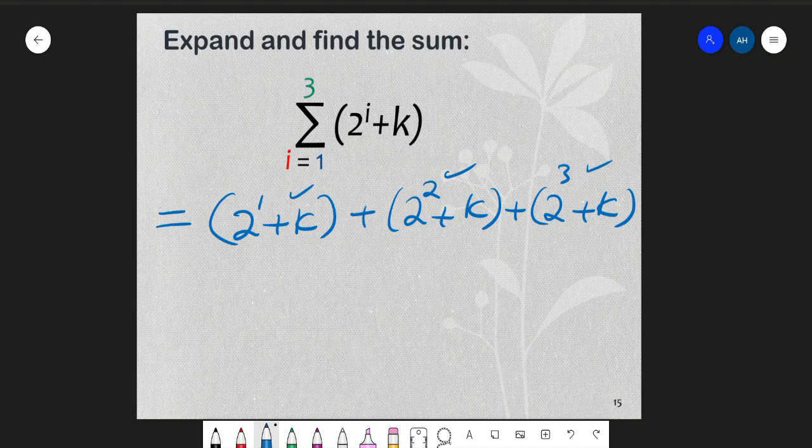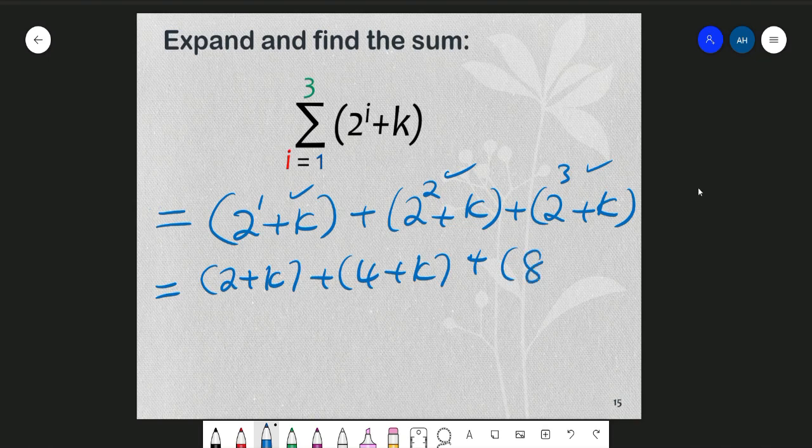We substitute the value of i, not k. Please take note of that. So this is equal to, for the first term, 2 to the power 1 is 2, 2 plus k there. For the second term we have 4 plus k, and for the last term we have 8 plus k.